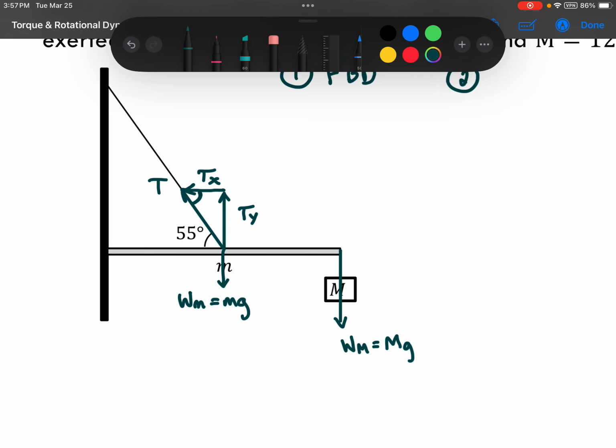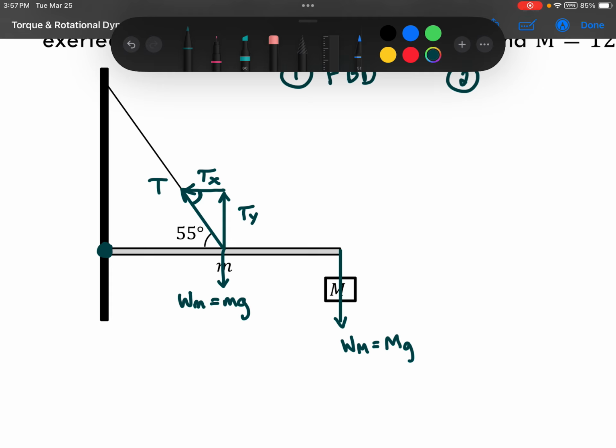The last thing, we know that over here, where the bar connects to the wall, there is some kind of interaction there as well. So there will be some kind of force. Just looking at our picture, we have a force to the left already, Tx.